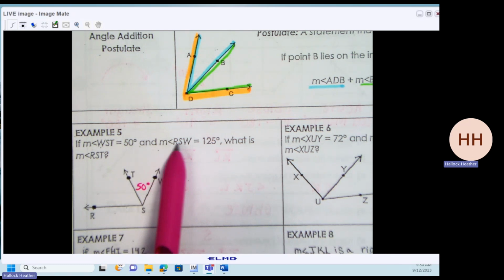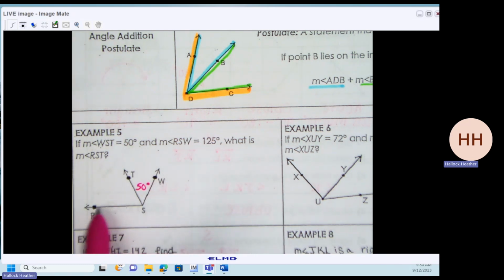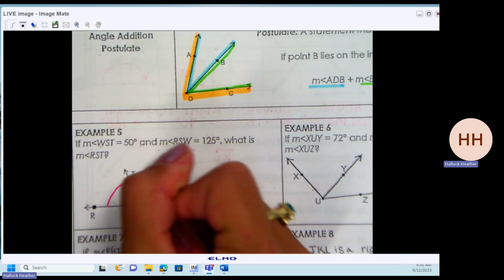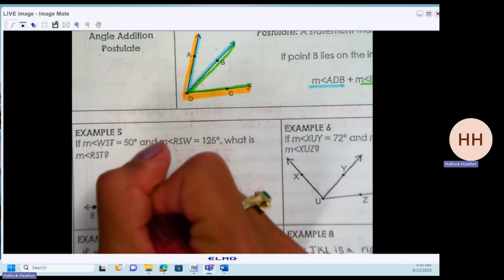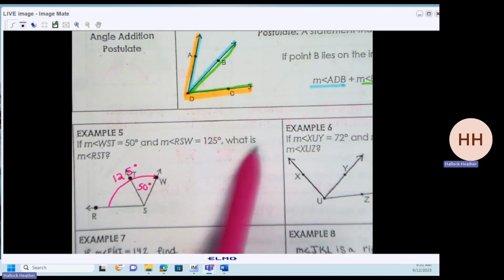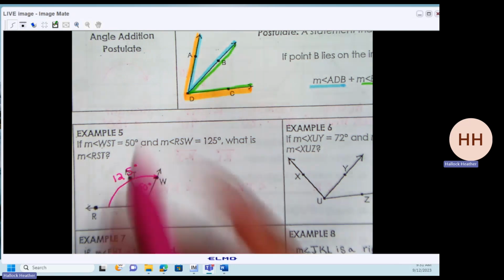The measure of RSW, if I start at R, go to S, go to W, is 125. They're saying this whole thing is 125. So the entire angle is 125. What is RST? So I'm trying to find this.